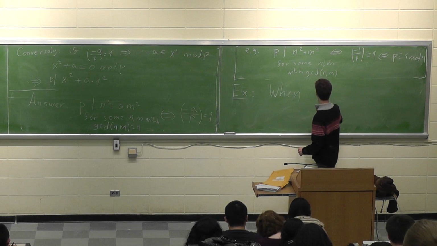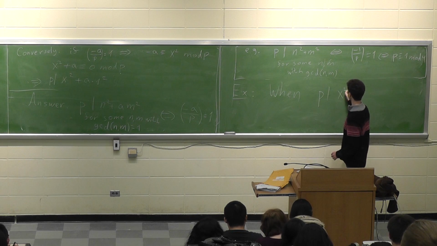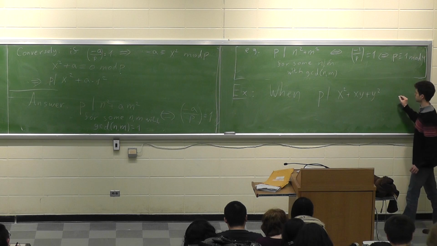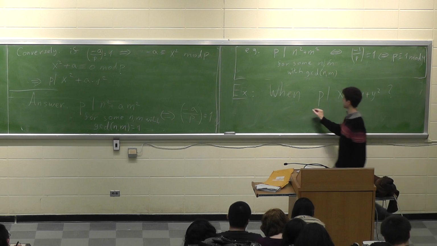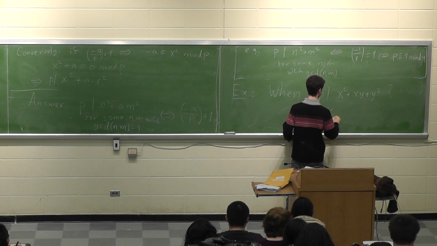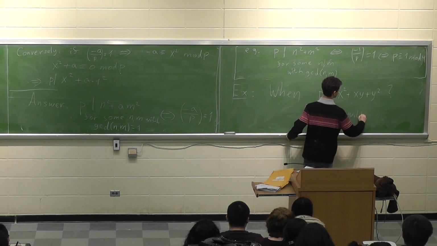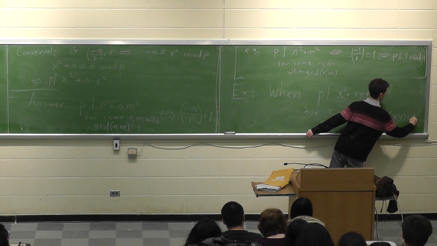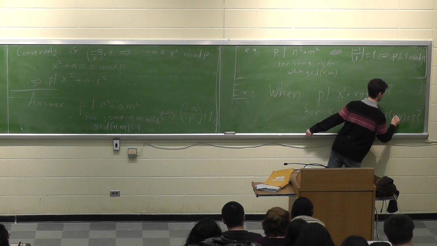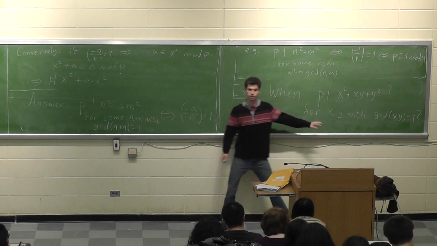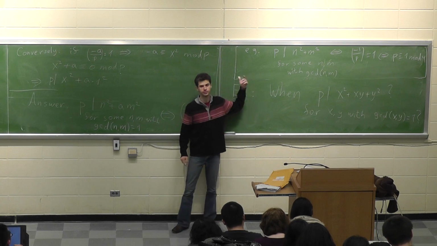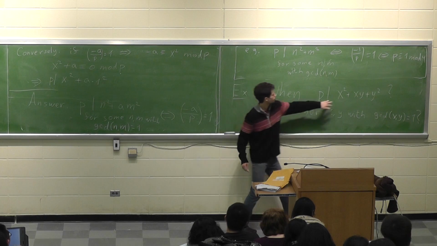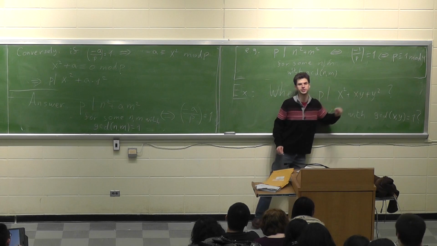When p is a divisor of such a thing, a little bit harder, not of the form n squared plus something times m squared. Slightly more complicated: x squared plus xy plus y squared.